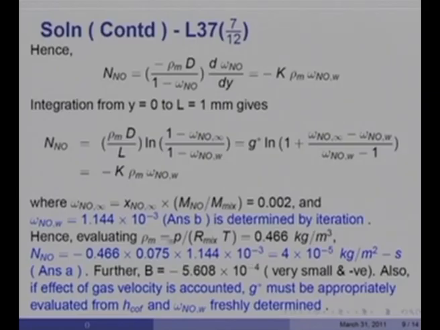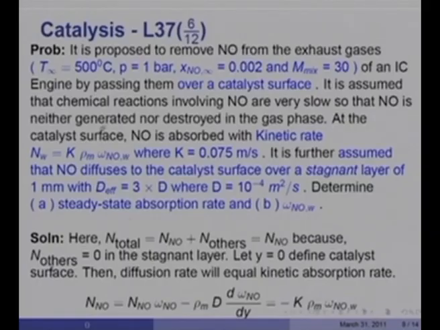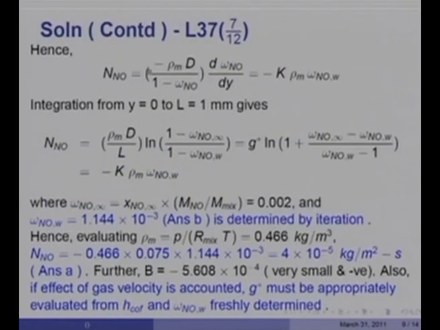Remember, this rho m is from the property data you have been given. You take the temperature as 500 degrees centigrade, P is 1 bar. So, you can evaluate the density as P divided by R mix T, and 0.466 into 0.075 into 1.144 into 10 raised to minus 3 would give you 4 into 10 raised to minus 5 kilograms per meter square seconds.